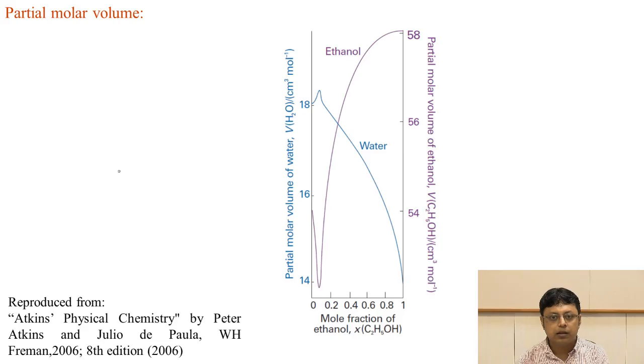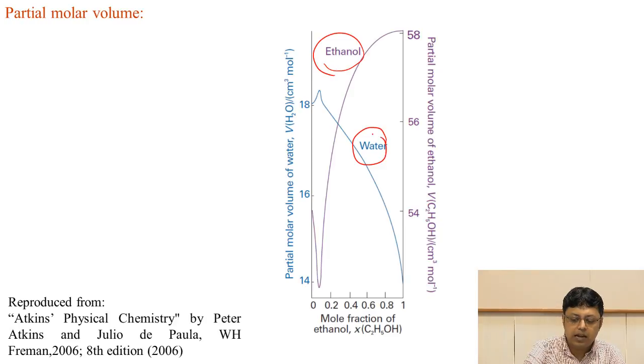Now we'll first show you some experimental data. Here we show how the volume changes if we add ethanol and water together. Remember that the volume we are talking about is a quantity known as the partial molar volume, which means how the molar volume changes if we keep on adding one particular component.